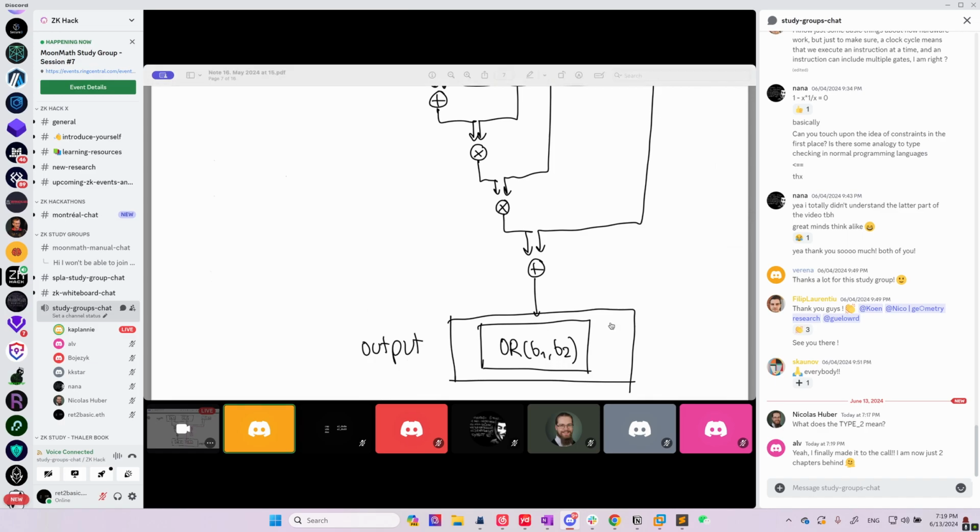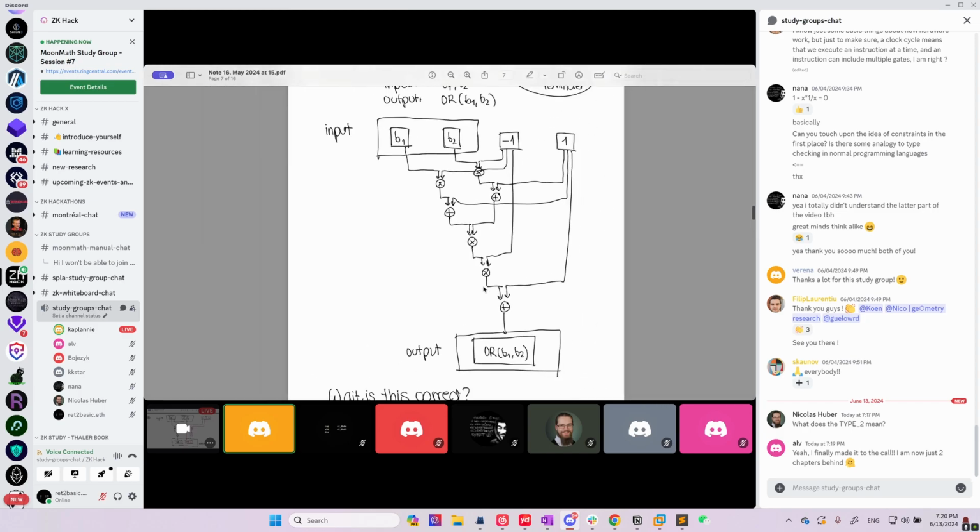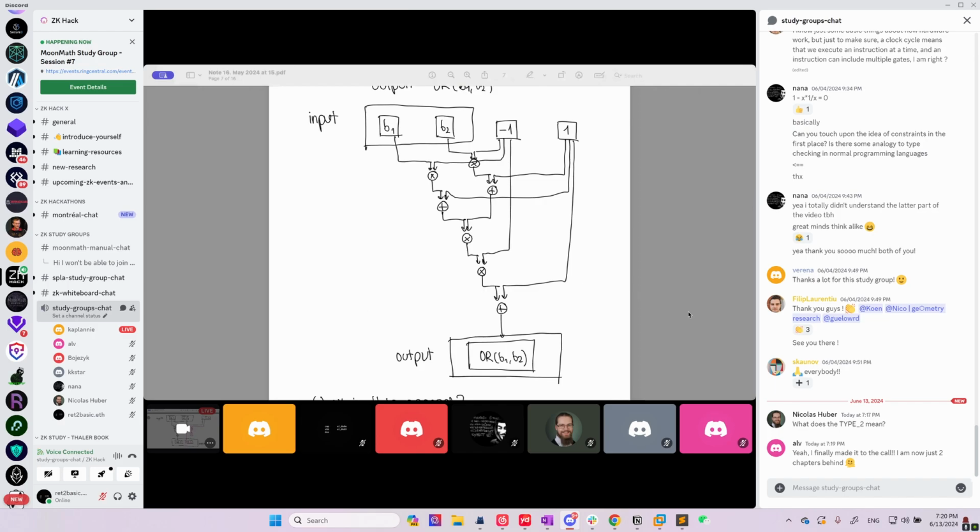So at this point, I have a question to you. Are we done with this part of the exercise? Is this correct? Wait, I can scroll out a bit. Are you missing something? Is this going to be the OR operation? Is this going to actually constrain the OR operation?